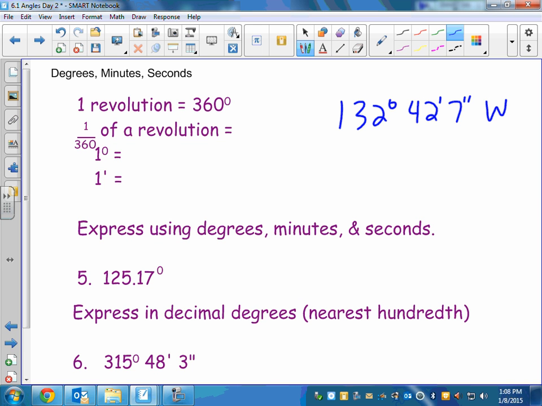And so one revolution of a circle is 360 degrees. That means 1/360th of a revolution would just be 1 degree. And then you can take 1 degree and break it into smaller units. It's really hard for me to draw 1 degree, but think about 1 degree as super, super tiny. That 1 degree is broken up into 60 minutes.